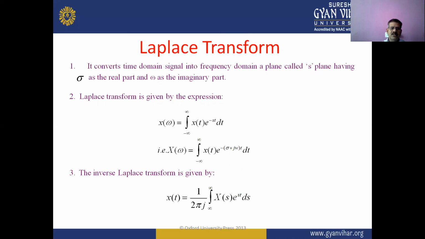The Laplace transform is given by the expression X(s) equal to the integration from minus infinity to infinity of x(t) e to the power minus s t dt, that is, the integration of x(t) e to the power minus (sigma plus j omega) t dt.